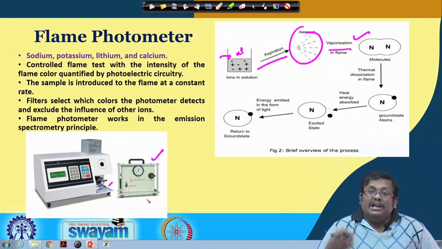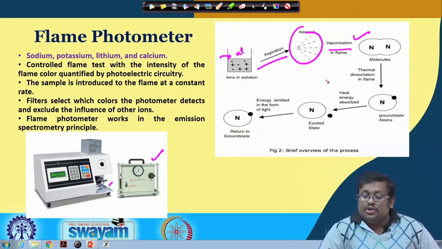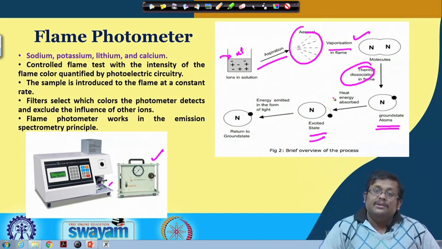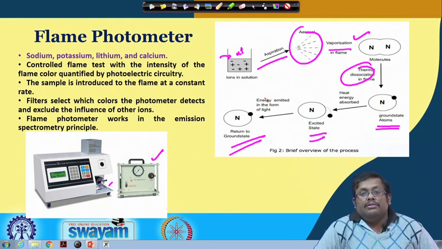So, using the flame energy, the potassium present in this aerosol will show some thermal dissociation in the flame. Any electrons present in the ground state will go to the excited state, and then when they revert back to the ground state, there will be some amount of energy released in the form of light.